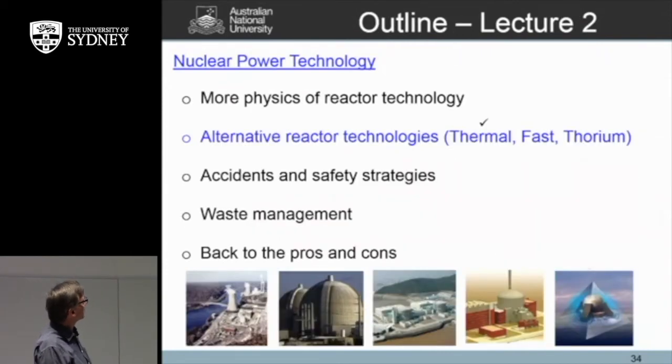All right, let me say a little bit about alternative reactor technologies. We've talked a lot about thermal reactors. I won't say a lot more about thermal reactors. I'd like to say a little bit about fast reactors. I'll say a little bit about thorium, and I'll go fairly quickly with a show and tell through the Generation 4 reactor designs.